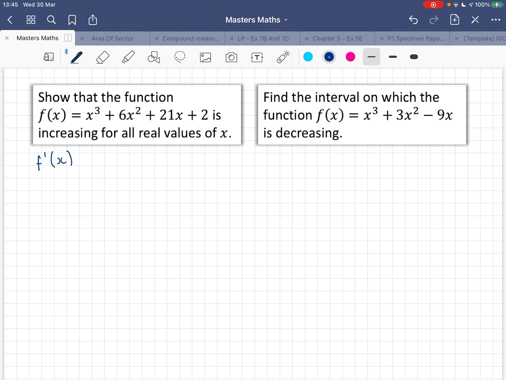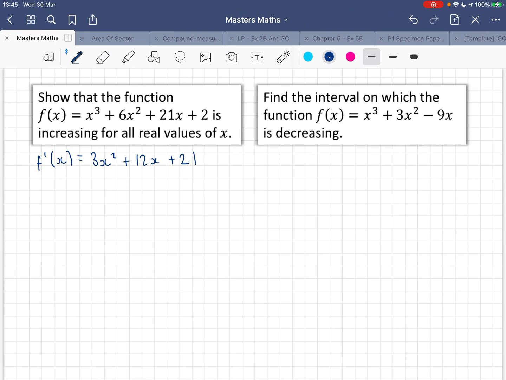Remember, we're bringing the power to the front and reducing the power by 1. So we get 3x squared plus 12x plus 21 as our gradient function.